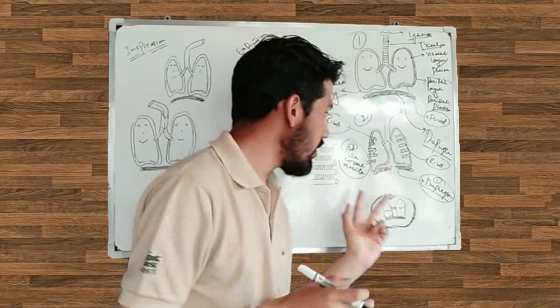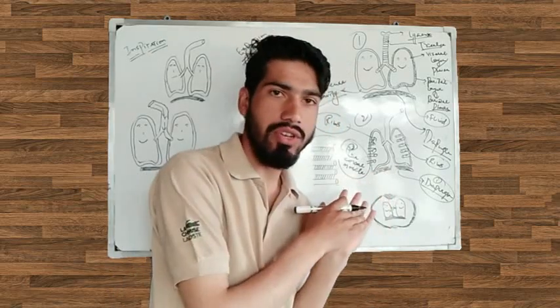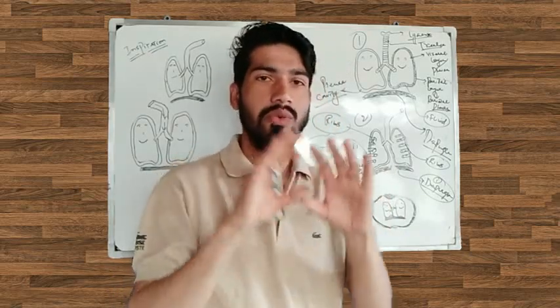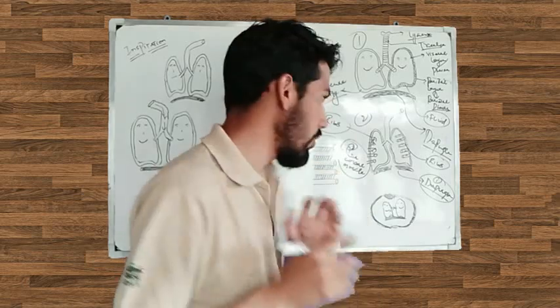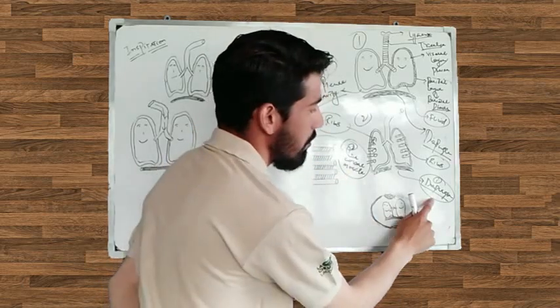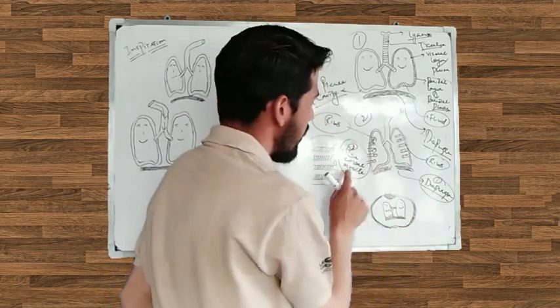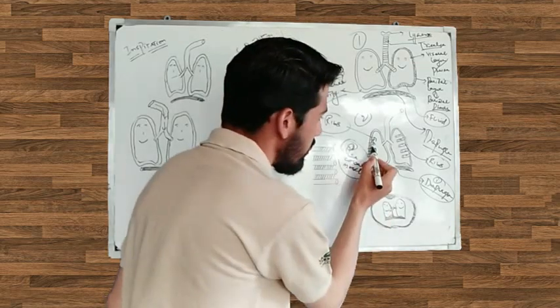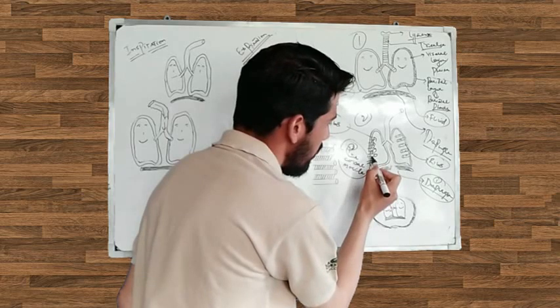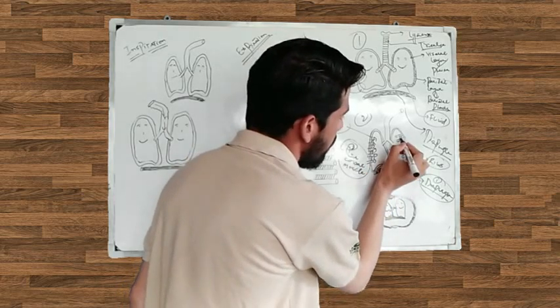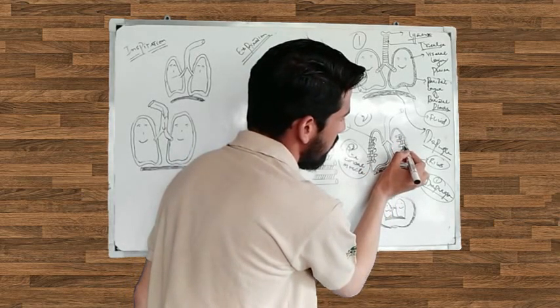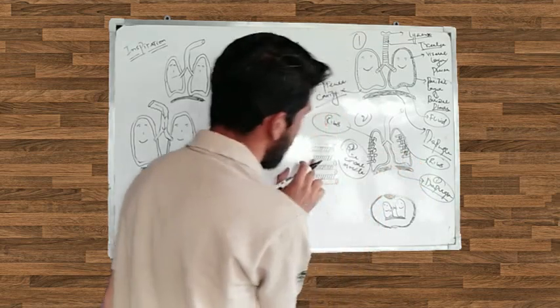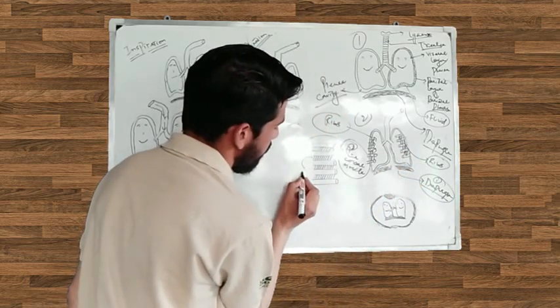If you understand the function of these muscles, then you understand the whole mechanism of breathing. The diaphragm is below the lungs, and the intercostal muscles are present between the ribs.